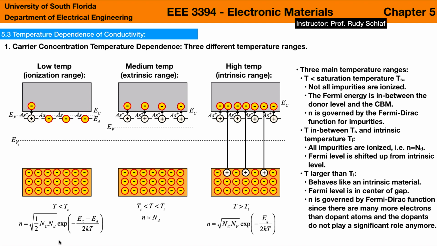When we look at the formulas for the electron density in the conduction band, then we have this expression. It's very similar to the formula that we found for the intrinsic semiconductor materials, except that this here is governed by the Fermi-Dirac function for impurities, and so we get this factor 1/2.